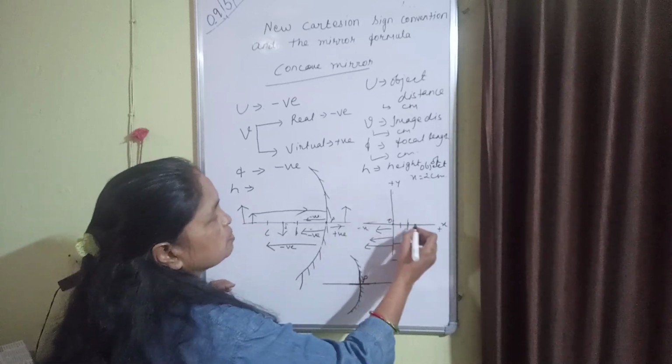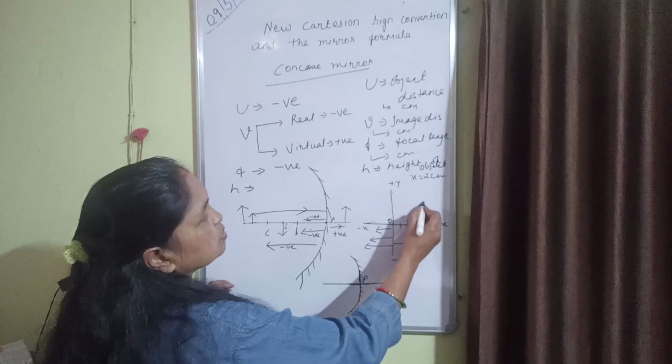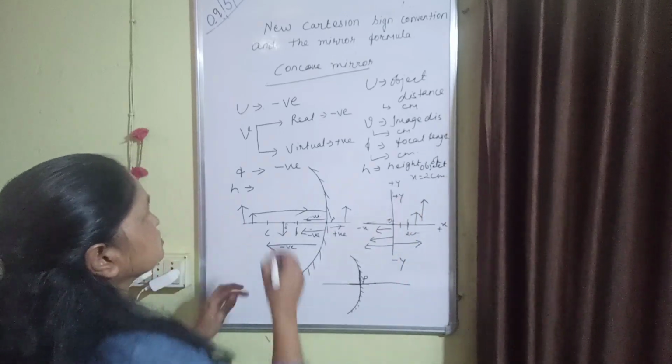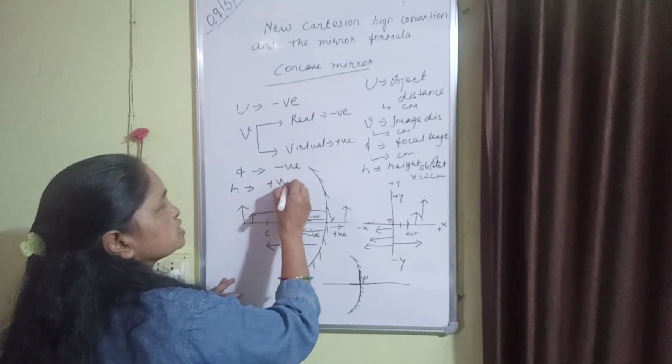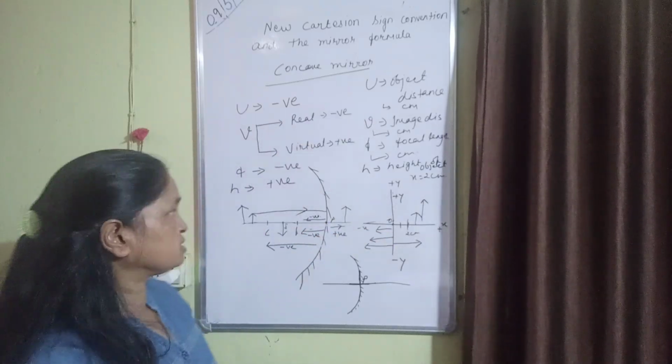If you keep it on the axis, it is in the positive y-axis. So the height of the object will always be positive. It is going in the positive direction.